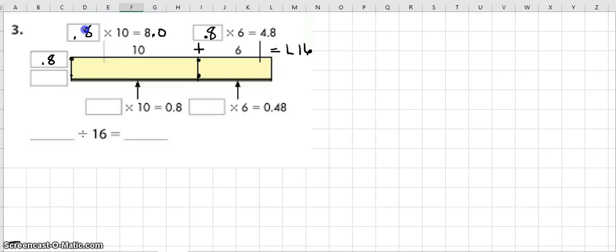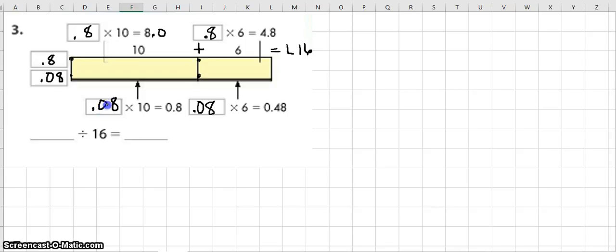What times 10 is 8/10? What times 6 is 48/100? So I can ignore my decimals and say 8 times 6 is 48. And I need two numbers behind the decimal. 8 hundredths.